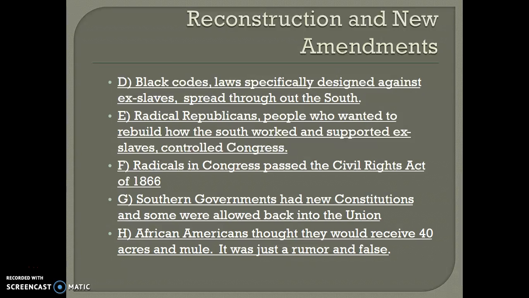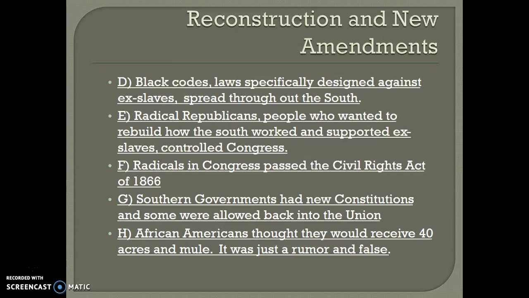So the radical Republicans wanted to also help rebuild the South and the North's image. They want to support these ex-slaves, and they want to help integrate these ex-slaves into American society so that they are able to survive and be successful.